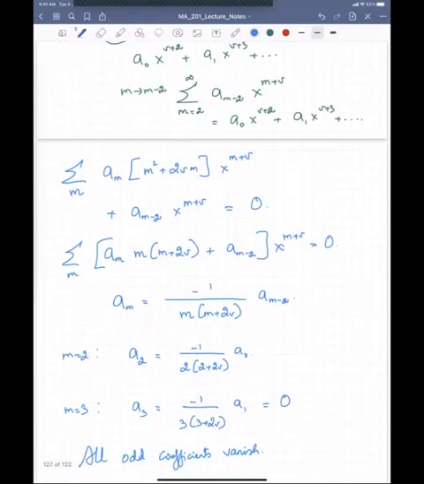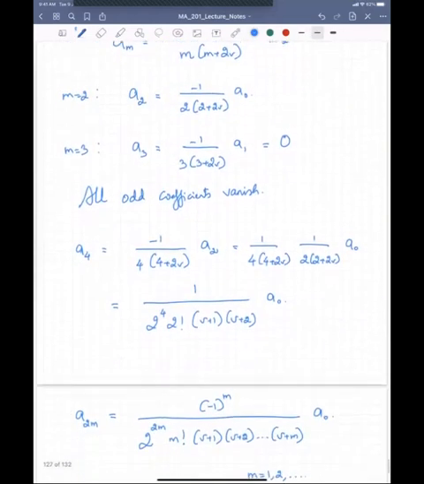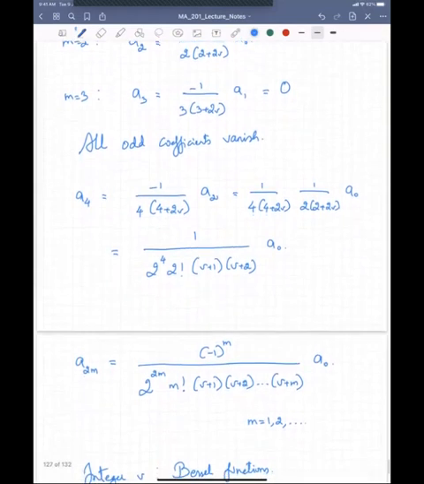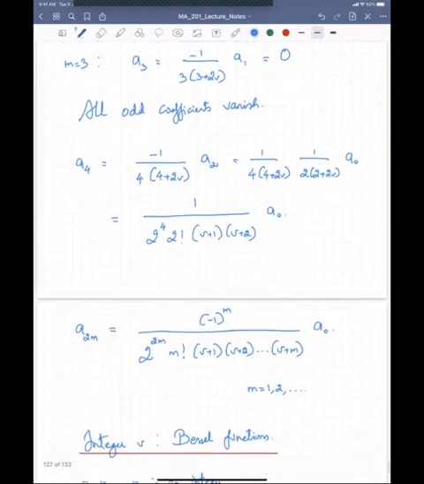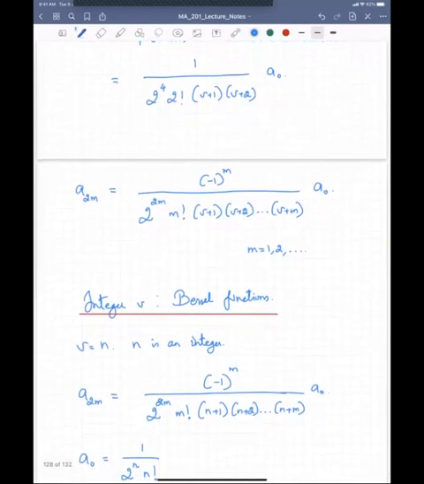It turned out that all the odd coefficients vanish and only the even coefficients survive. And we were able to derive a general form of these even coefficients in terms of the first coefficient a0.